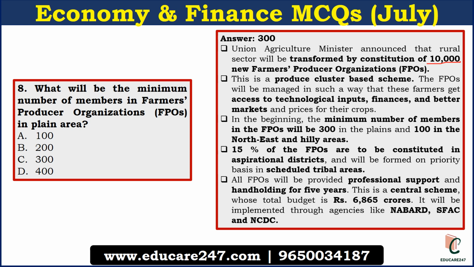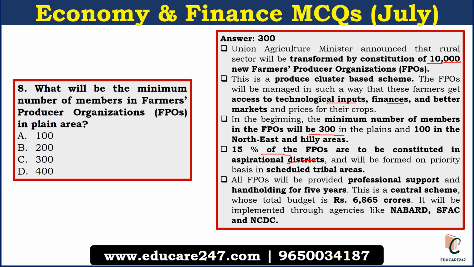Basically, these FPOs will be managed in such a way that farmers can get access to technological inputs, finances, better markets and better price for their crops. Basically, in the beginning, the minimum number of members in FPOs will be 300 in plain areas and 100 in northeast and hilly areas. 15% of FPOs will be constituted in aspirational district and will be formed on the priority basis in scheduled tribe areas.